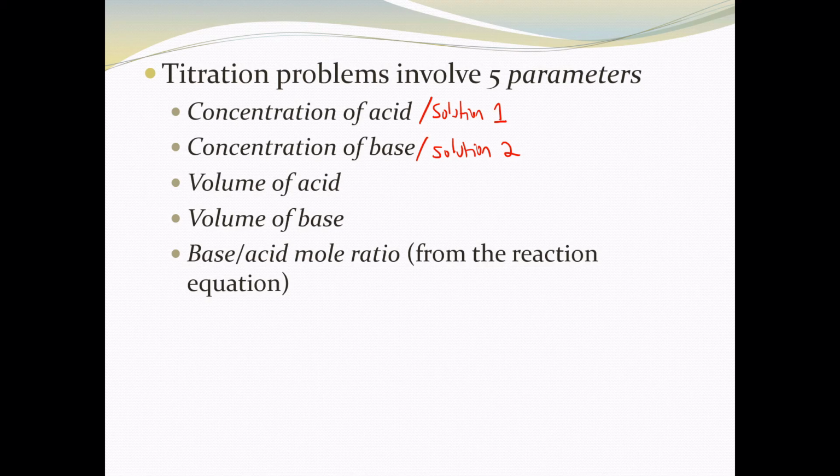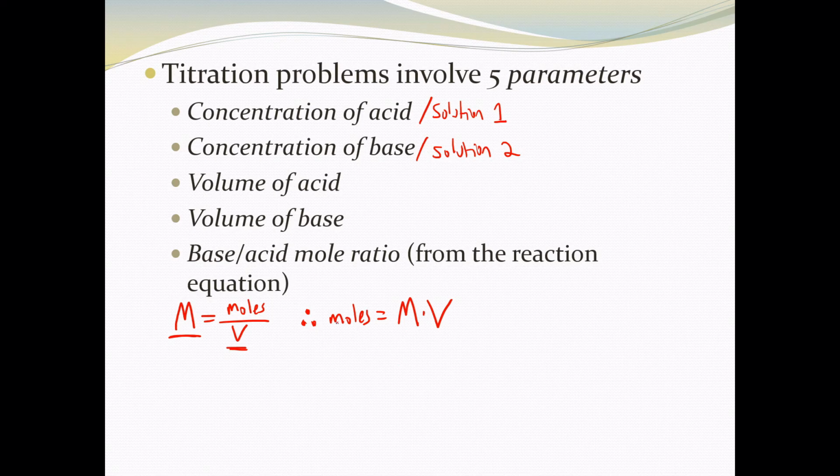With the volume and the concentration, you can calculate moles, because if you recall, molarity, so concentration, is moles per volume. So if you have the molarity and the volume, you can calculate the moles as molarity times volume.